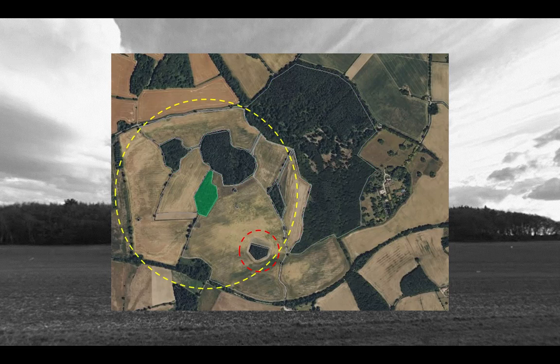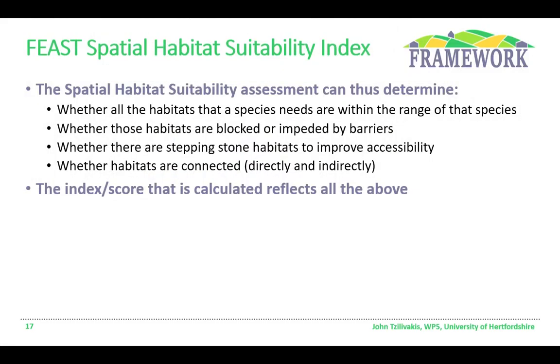Those are the three core functions that are part of the Habitat Suitability Index calculation. And by having them all switched on, we can see whether all the habitats that the species needs are within the range of that species, whether those habitats are blocked or impeded by barriers, whether there are stepping stone habitats or other processes that allow them to have greater access to those habitats, whether they are directly or indirectly connected, so can they move through the landscape.